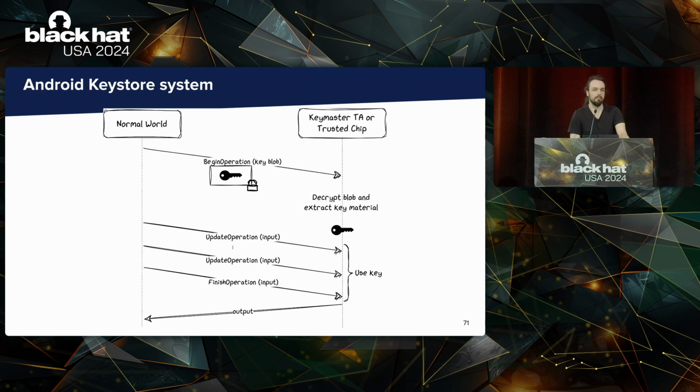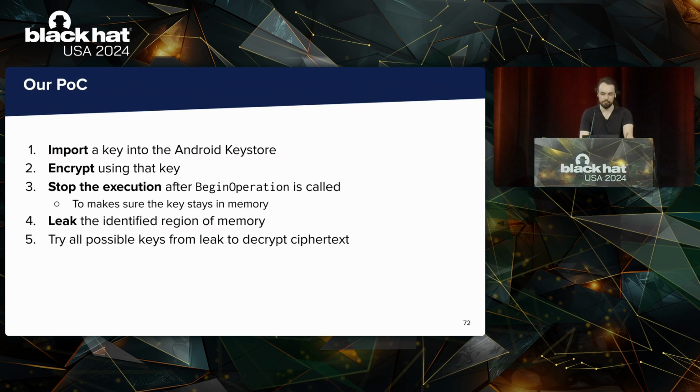So let's say, for example, choose the algorithm, the different options, and so on. Here, we need the key to be in memory. So this is very important, because if we are to use our bugs, we need to use them only after the begin operation to be sure that the key is still in memory. After that, the trusted application returns the output, and then the key is flushed from memory.